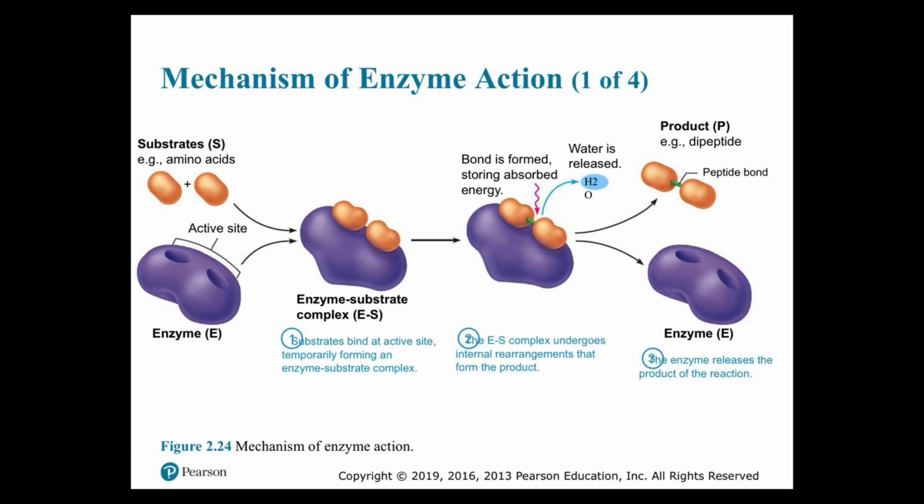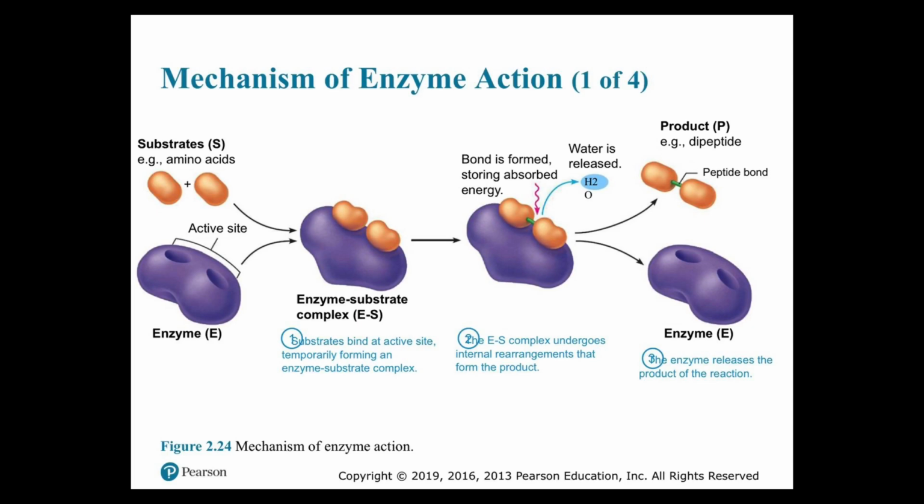So a bond is formed between the two amino acids, for example, storing absorbed energy. Water is released because remember, this is a dehydration synthesis reaction, as we learned before, and the product is formed. The product is a dipeptide with a covalent bond between the two amino acids, and this covalent bond, we said, is called a peptide bond. And so the product leaves, and the enzyme is ready to participate in another reaction.